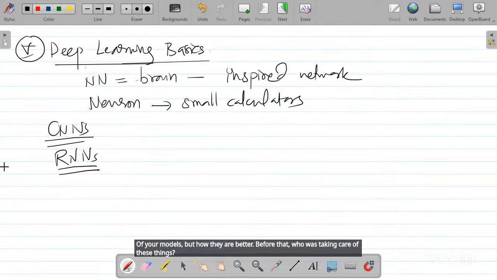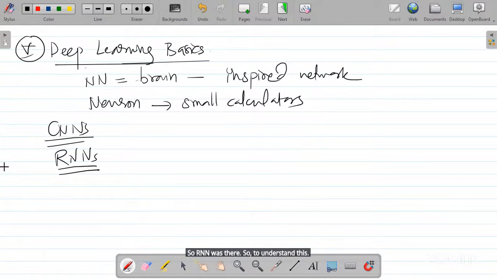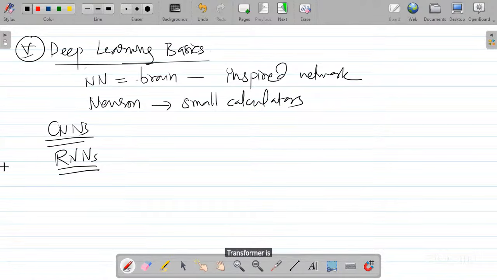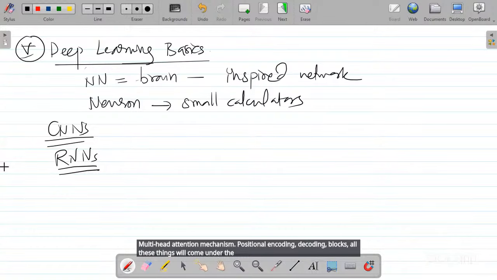So RNN was there. To understand this transformer part, you should have an idea about RNN, right? And as I said, the heart of generative AI, transformer, is a very key concept. So self attention mechanism, multi-head attention mechanism, positional encoding, decoding blocks, all these things will come under the transformers. We will be discussing all these things in detail.